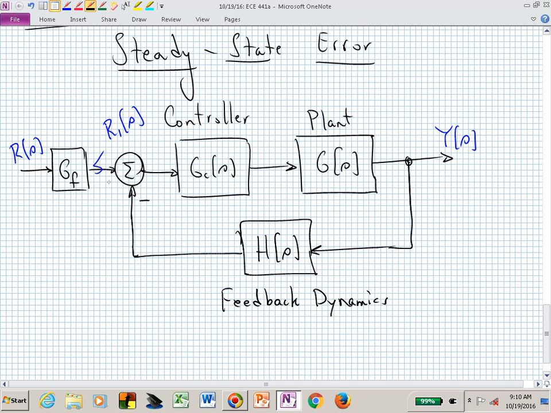And we have a negative and a positive. And that's our generic, or a fairly generic, interconnected block diagram. We have our controller, our plant, our feedback dynamics, and possibly even a feed-forward gain in front of the summing junction.